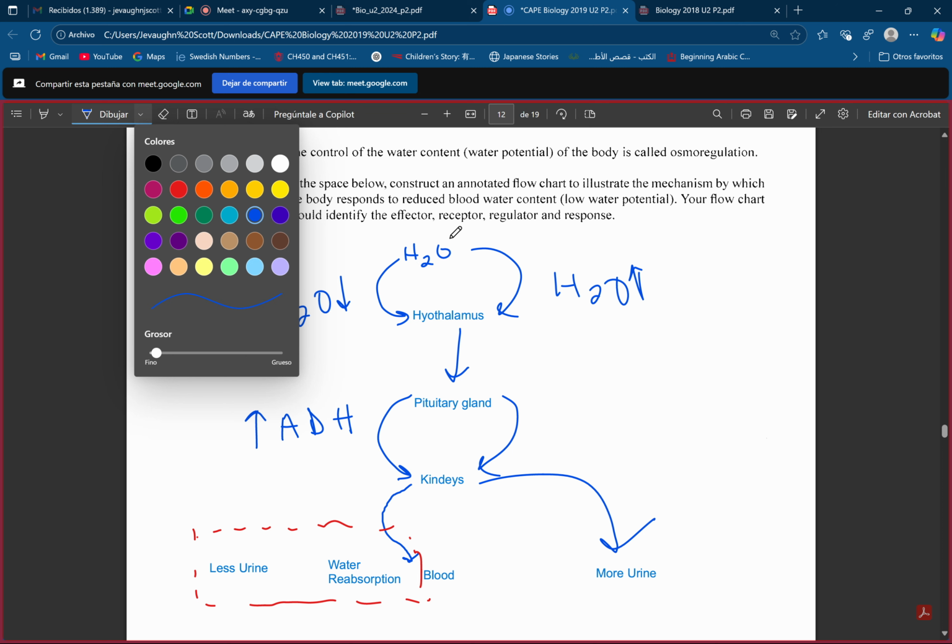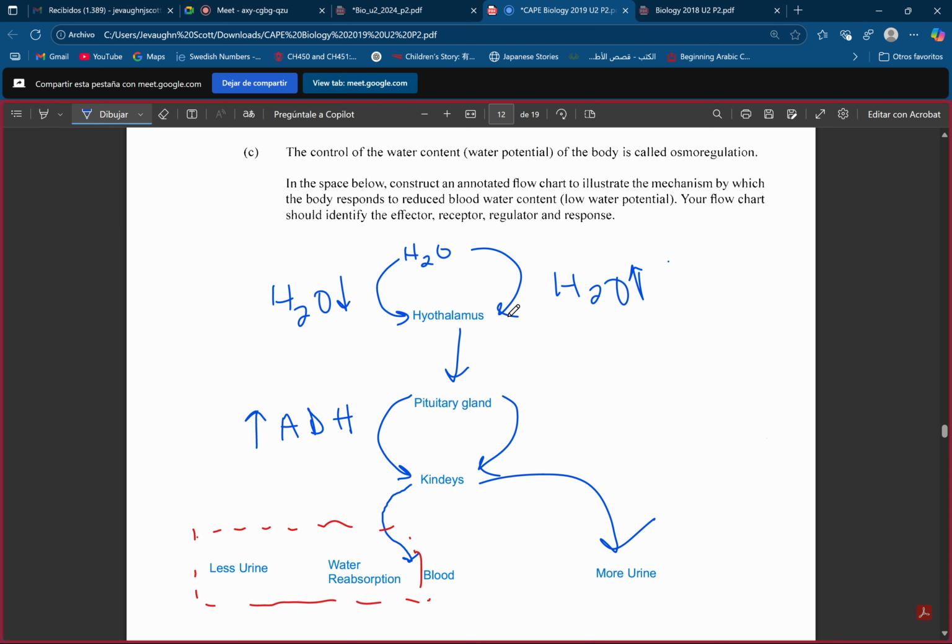On the other side, when water concentration is high, you said by the collecting duct. Okay, lovely. So when the amount of water is high, or a high water potential, it's going to be detected by the hypothalamus.